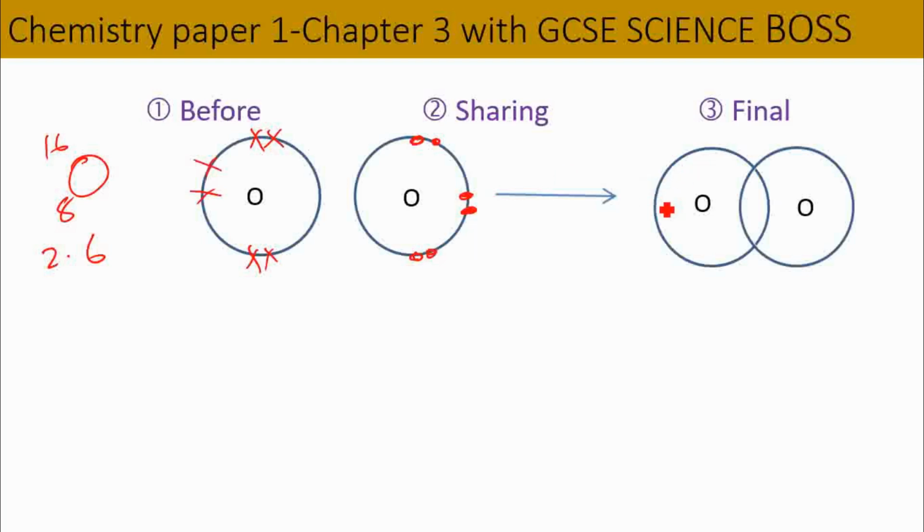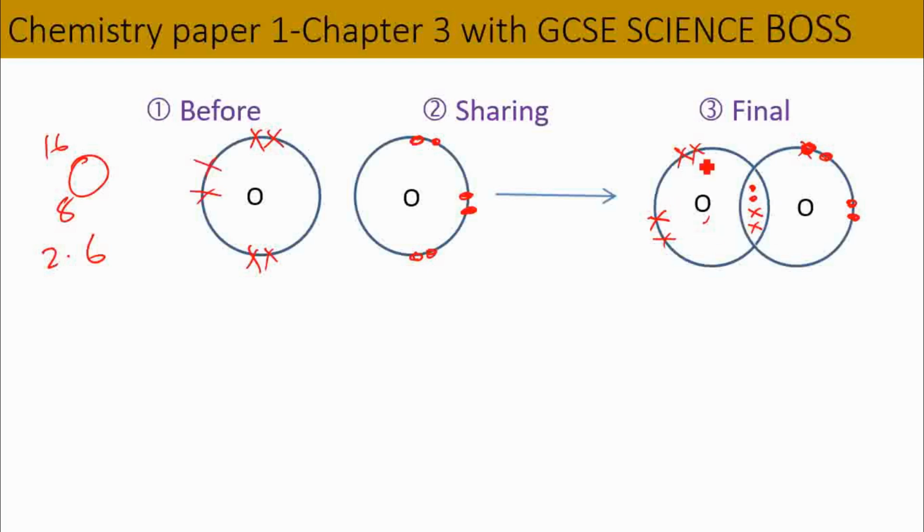Now what they decide to do, they both require 2, so now they're going to add 2 each to the bond. So now you're going to have 2, 4, 6, 8. That oxygen is good, and you're going to now have 2, 4 left back.